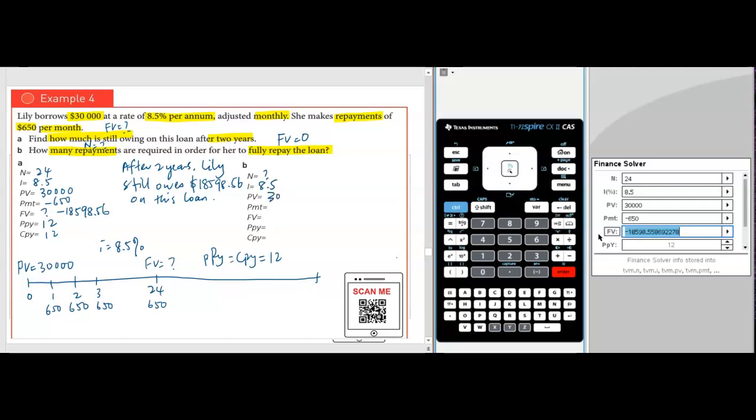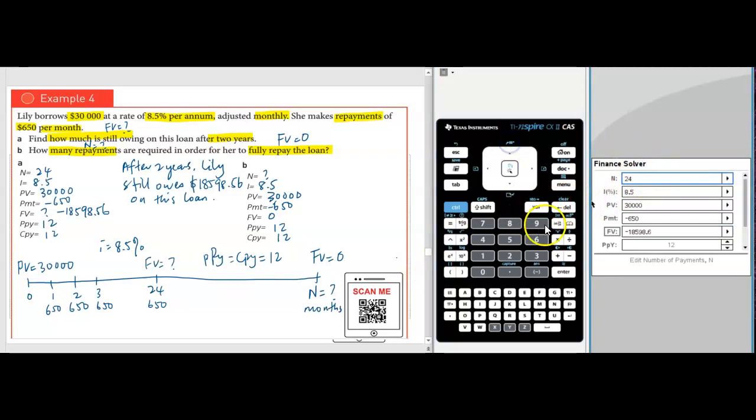Present value 30,000. Payment negative 650. Future value 0. PPY, CPY 12. So you want to know when you finish off your loan, what is your N? And you know the unit here, it is in months.